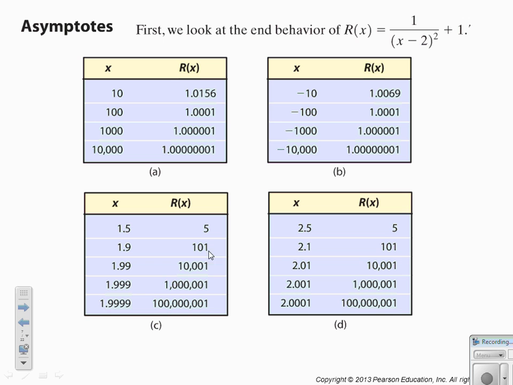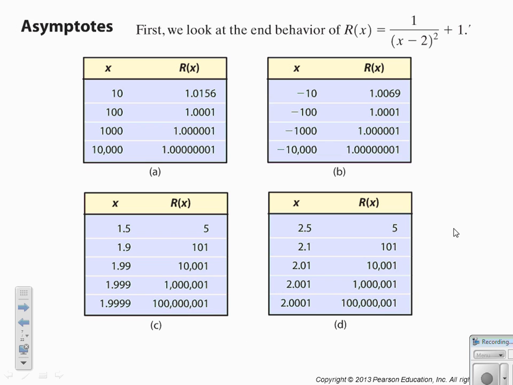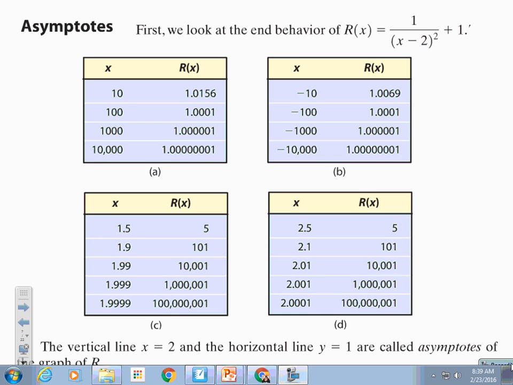Same thing from the other side: starting at 2.5, 2.2, 2.1, we approach from the right-hand side and it shoots up again too, which matches what we got for our graph. So the vertical line x equals 2 and the horizontal line y equals 1 are called asymptotes of the graph of R.